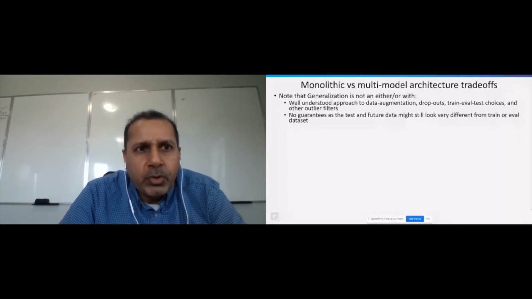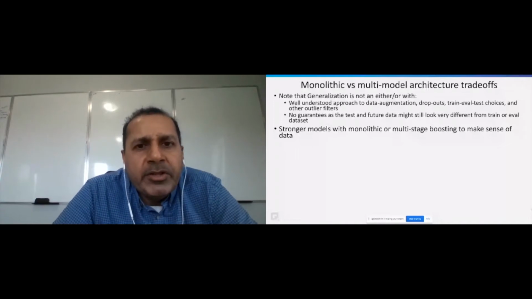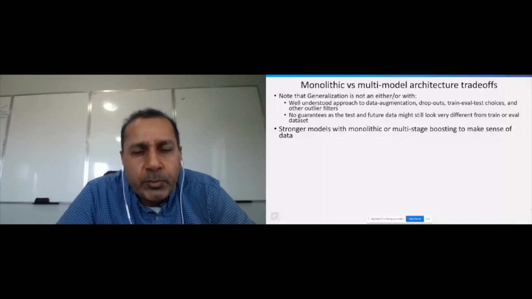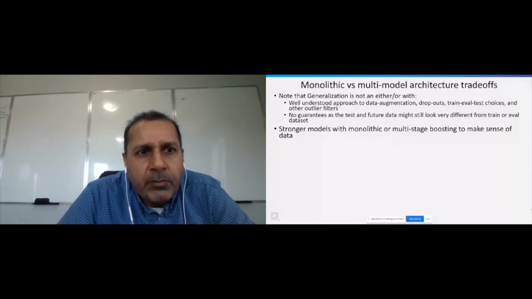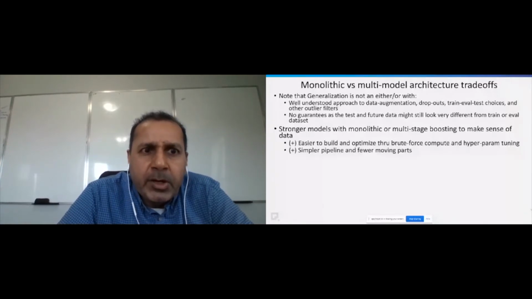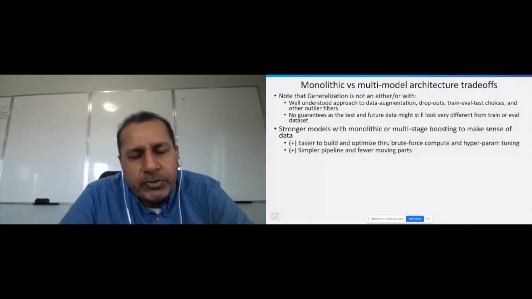Again, just to put those two architectures in perspective, a monolithic model can also have multi-stage boosting and other approaches. But again, those could all be out of the box in one single model. When you do that, it's actually a very compelling choice to make, where it is easier to build. You can optimize it through brute force.